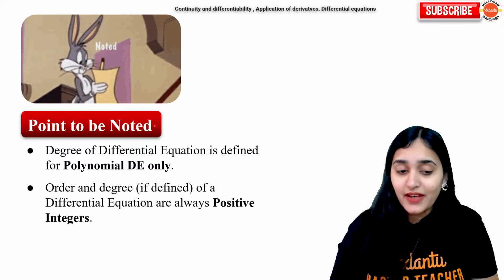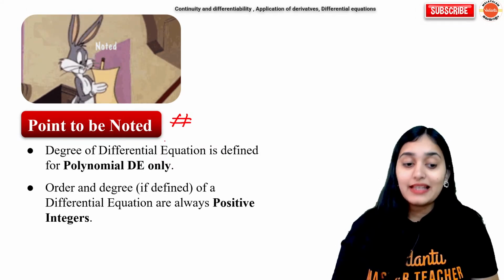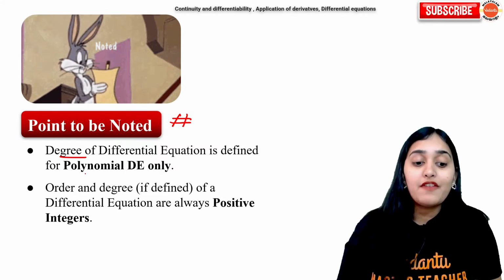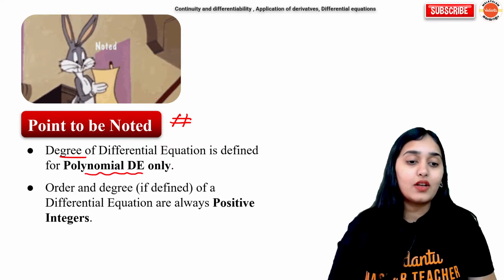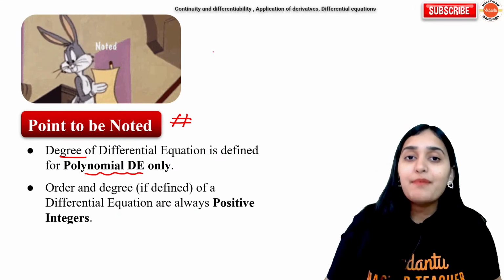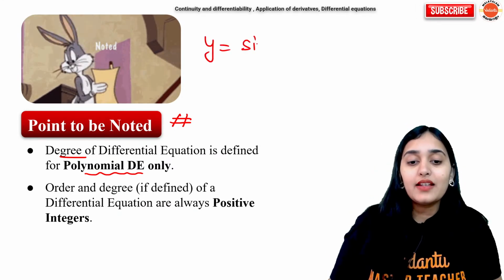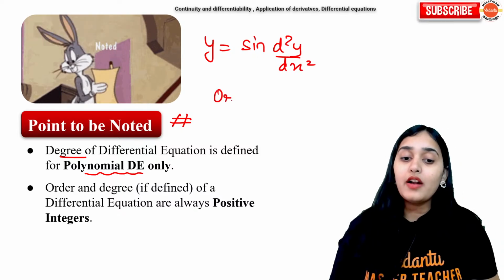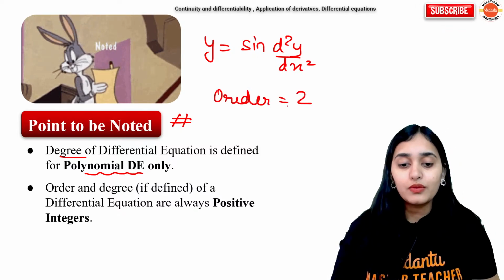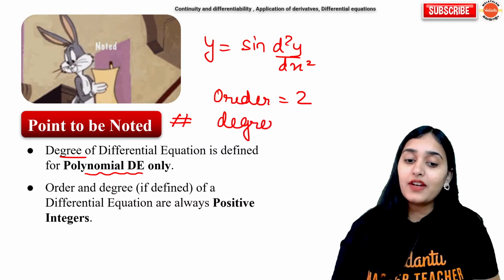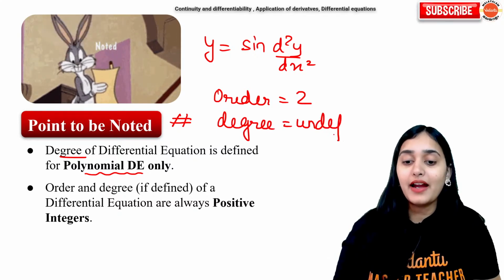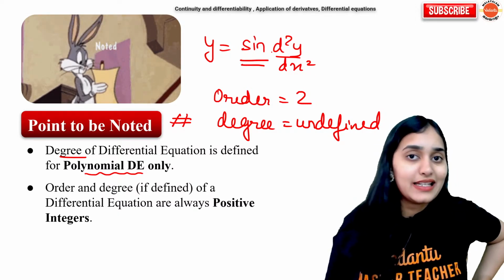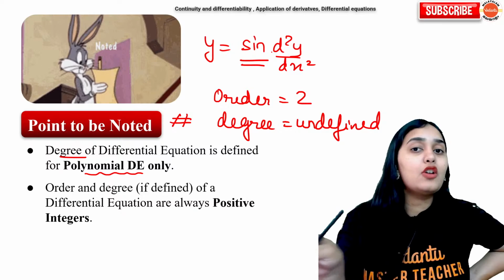Now one very important point to note here is, you can only find the degree of a differential equation if it is a polynomial differential equation. For example, y is equal to sine of d square y by dx square. What is the order of this equation? 2. What is the degree of this differential equation? Undefined. Why undefined? It is a trigonometric function. It is not a polynomial function.